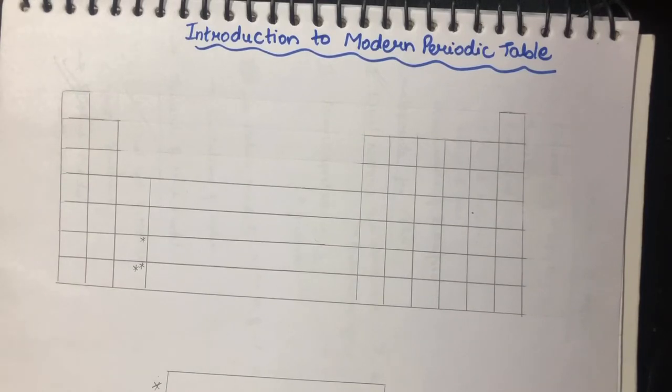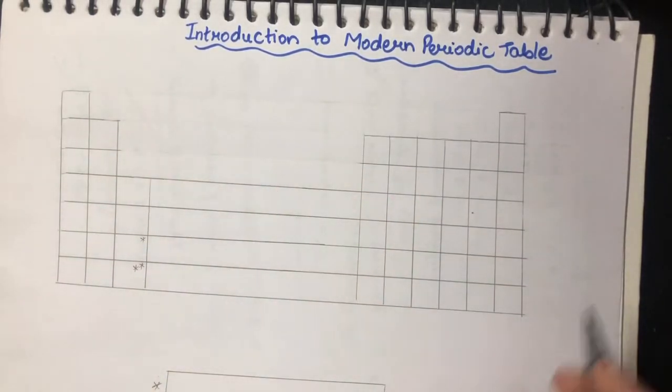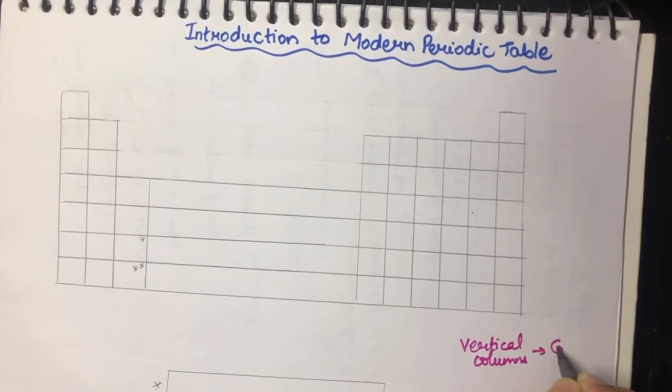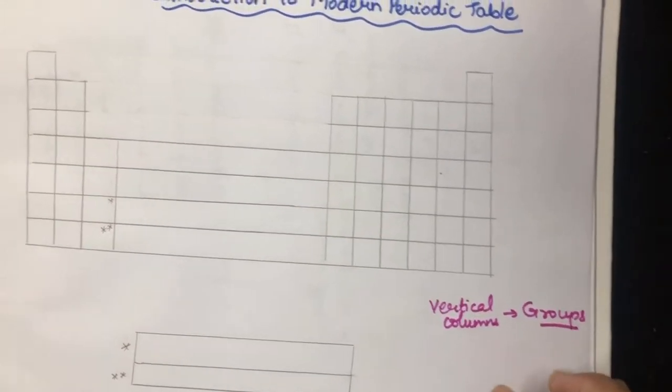Now there are 2-3 main things that you need to know here. The vertical columns are called groups.